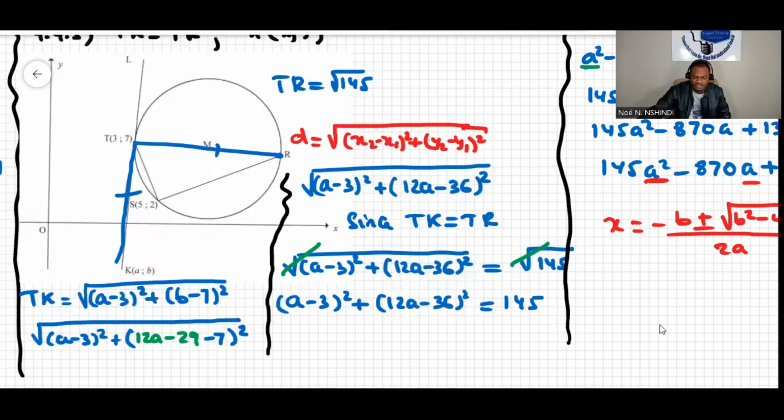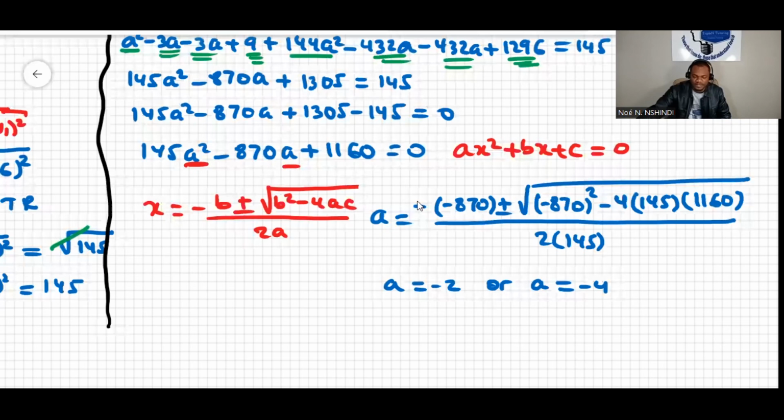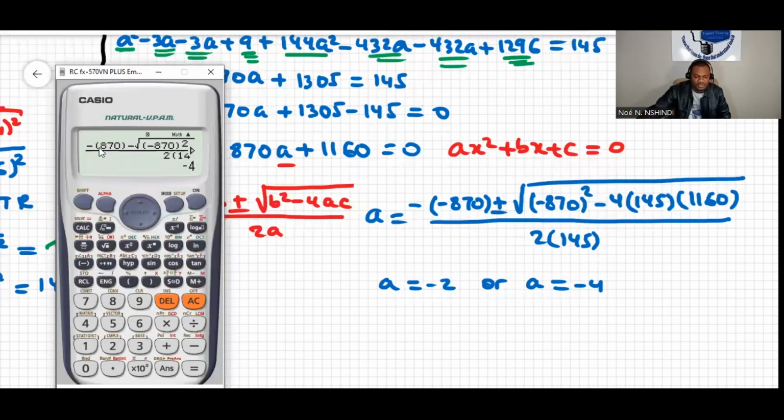Because it's positive here. Did I enter the values correctly? Yes, I didn't put the negative over here. My bad. Because I know they're all in the first quadrant, so it must be positive. When I hit equal, yes, a is equal to positive 2.